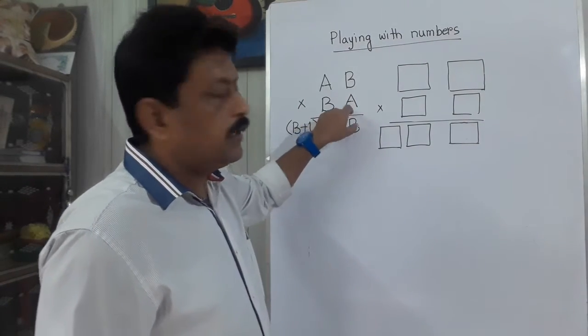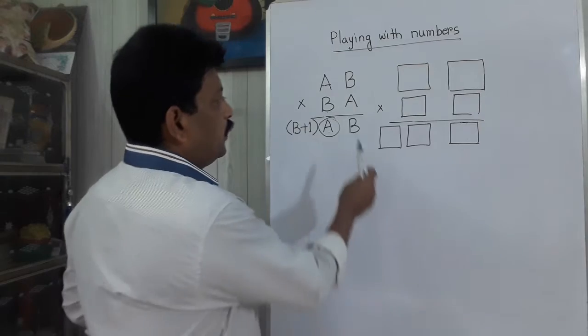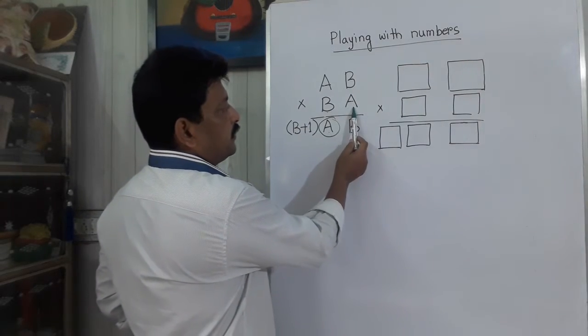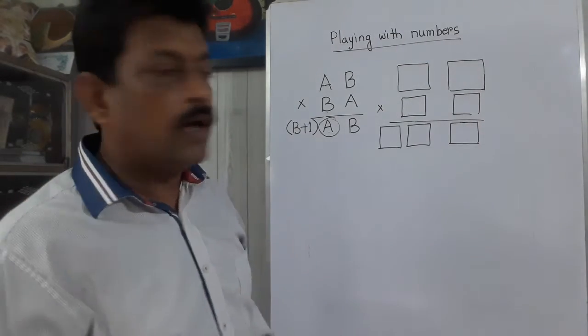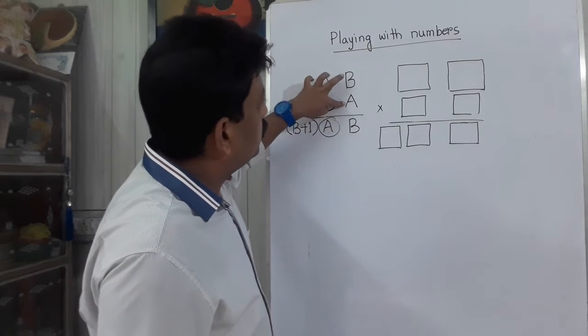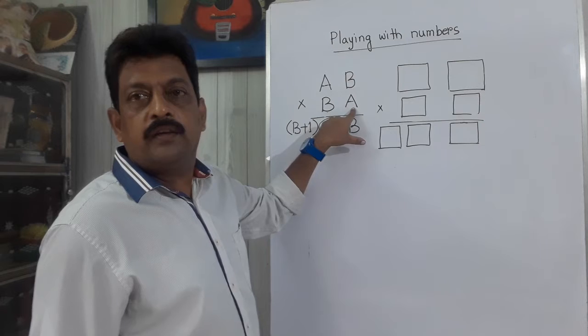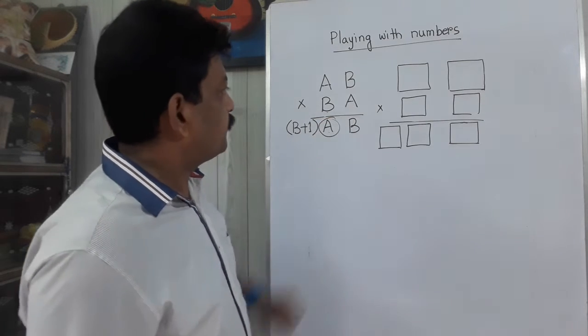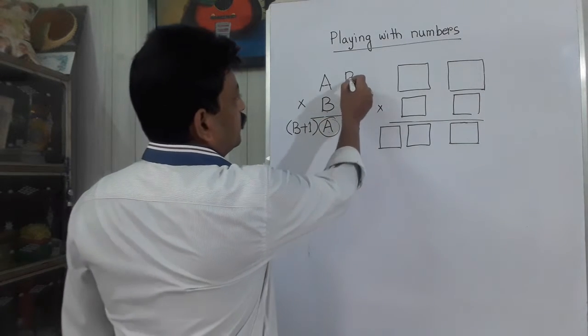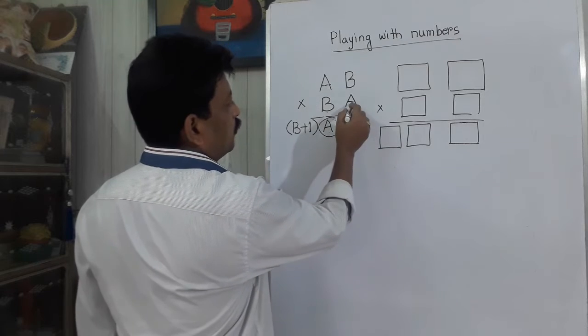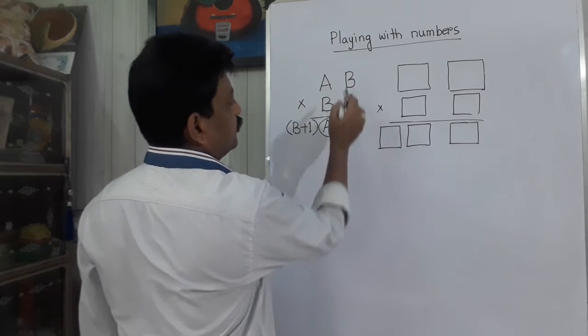Now think about A. Suppose we are taking 1. So 1 when multiplied with any number is the number itself. So we can take 1 here. Let us check with 1. 1 with 2 is 2, 1 with 3 is 3, 1 with 4 is 4.